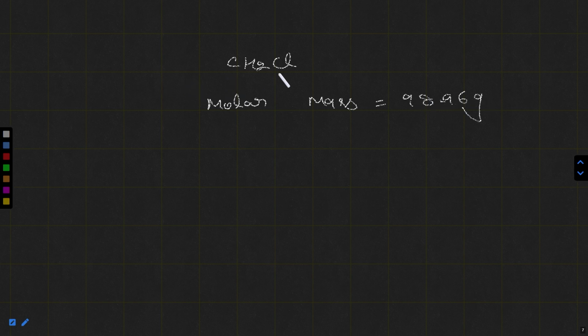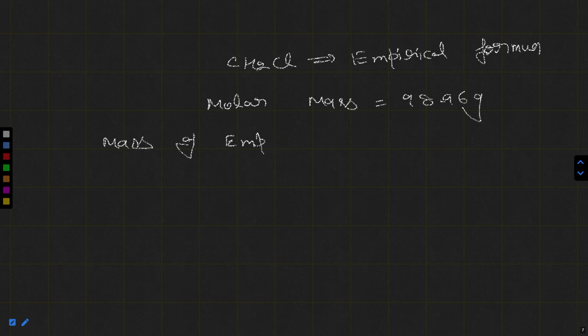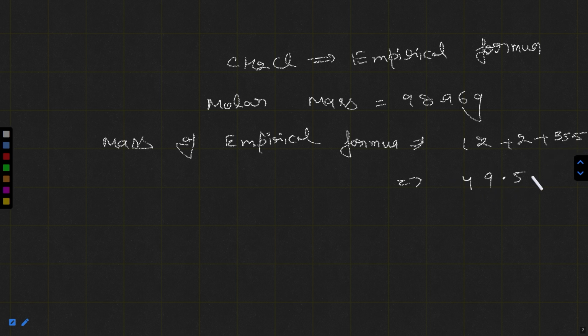Let's calculate the empirical formula mass: 1 carbon plus 2 hydrogen plus 35.54 chlorine, which is 49.5 gram.